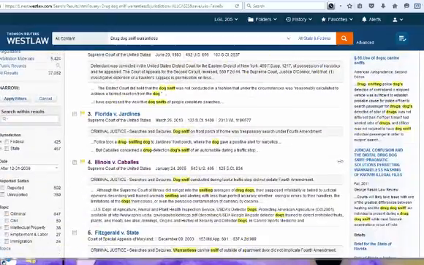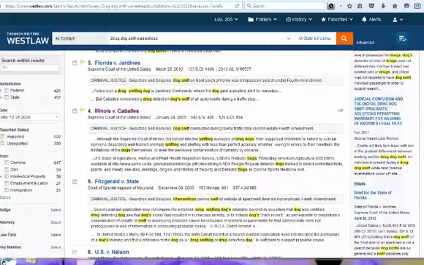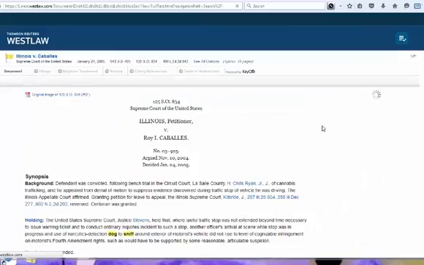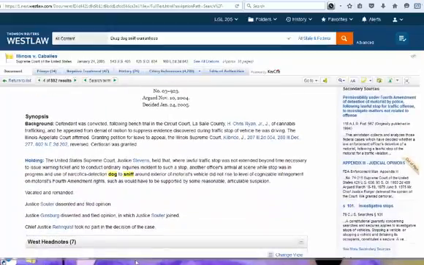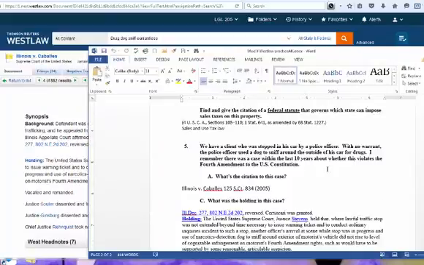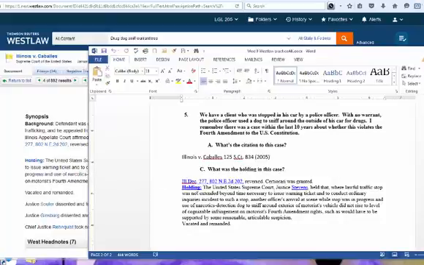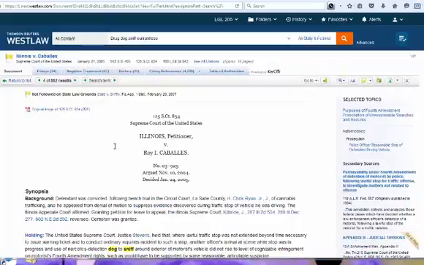Why did I click that one? Oh, because it was the only one where the facts, he was in his car. I think the facts were very similar. Let's see. Stopped in his car by a police officer. But hopefully you could have gotten to that. And then I just copied and pasted the whole thing from right here and put it in the answer key.